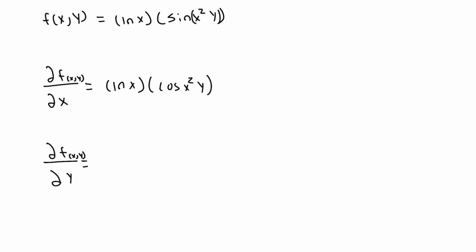The derivative of x squared times y with respect to x would just be 2x times y, because the derivative of x squared is 2x, times y. And then to finish the product rule, the derivative of the natural log of x would just be 1 over x, and then we multiply by sine of x squared times y.